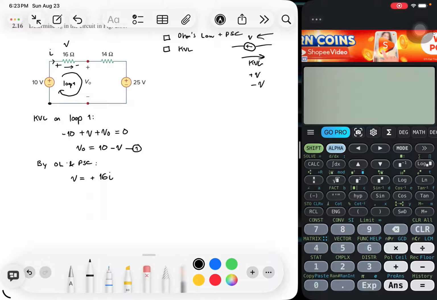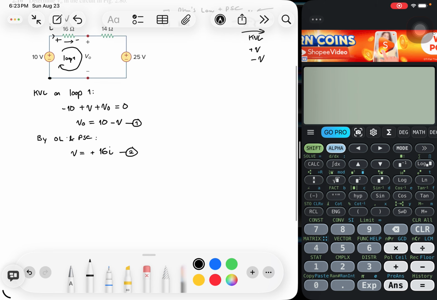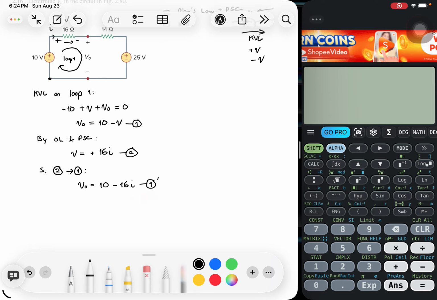So by Ohm's law, now we substitute equation 2 into equation 1. Then we have V naught equals 10 minus 16I. We'll name this equation 1 prime.